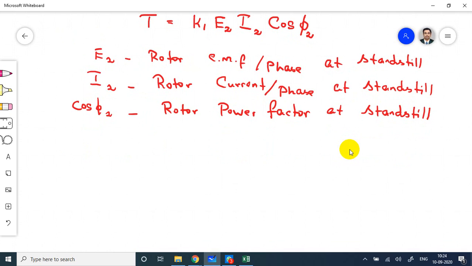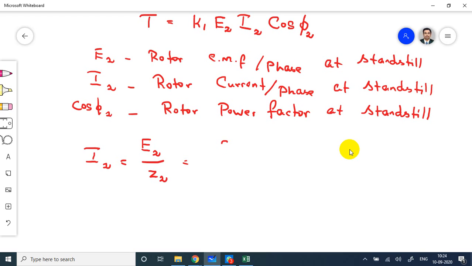Now we are going to calculate I2, the rotor current during standstill condition. I2 equal to E2 by Z2.